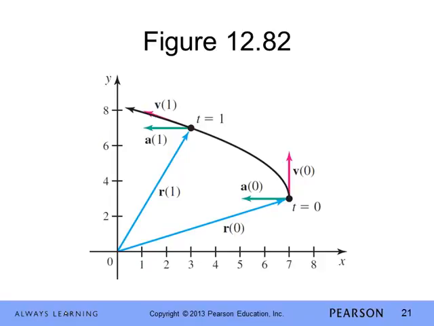So we should be able to, at each point along the curve, calculate the velocity and calculate the acceleration. Now, the velocity, like I've said many times now, is always going to be tangential to the direction of travel. But what direction does the acceleration point?